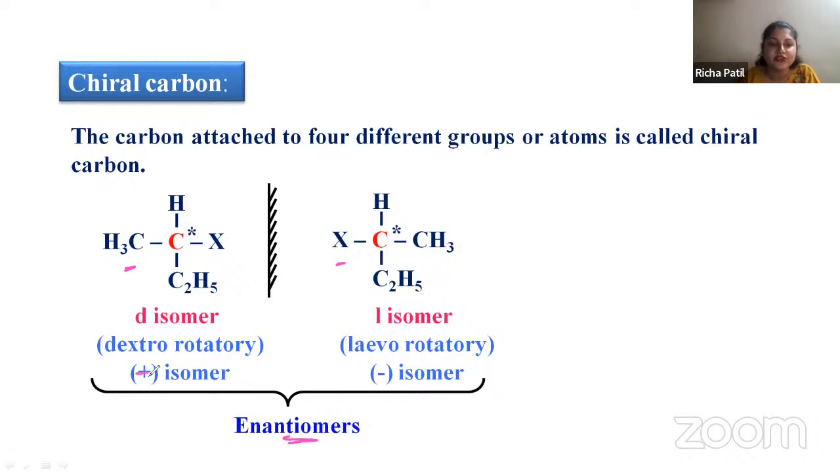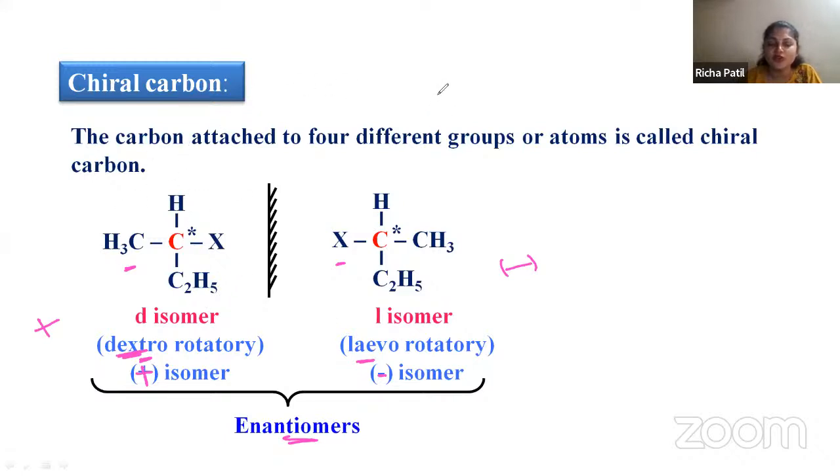This is dextrorotatory and this is levorotatory. What do you mean by dextro and levorotatory? Dextrorotatory turns the plane polarized light to the right side. When it turns the plane polarized light to the left side, it is said to be levorotatory.